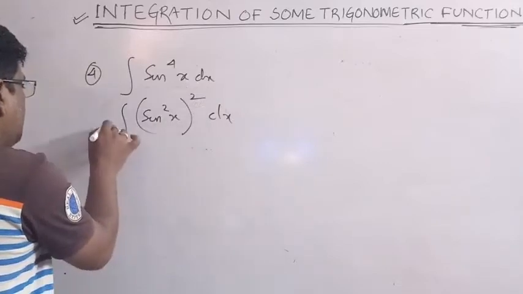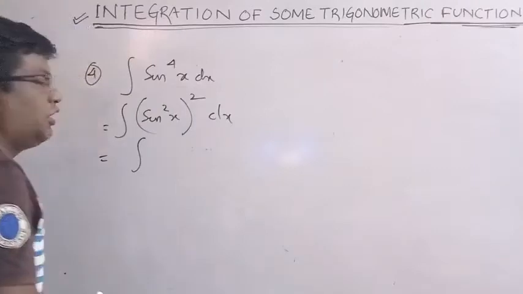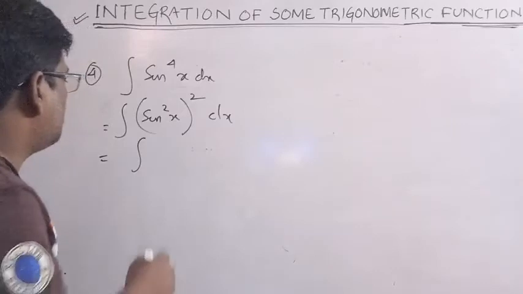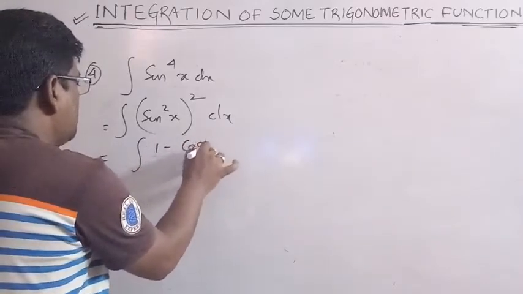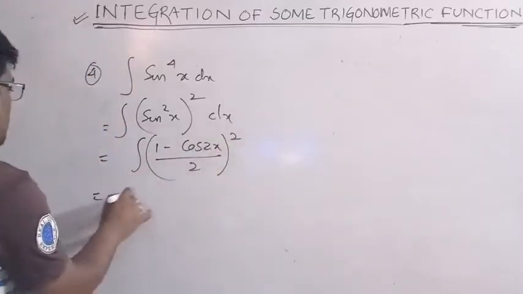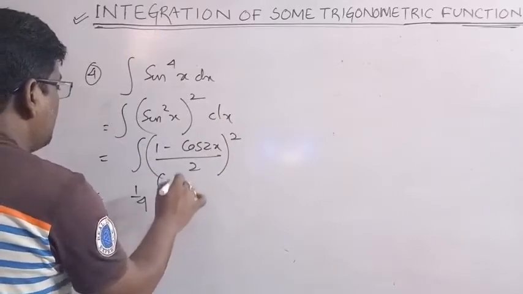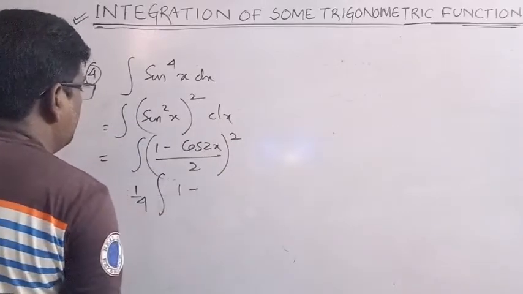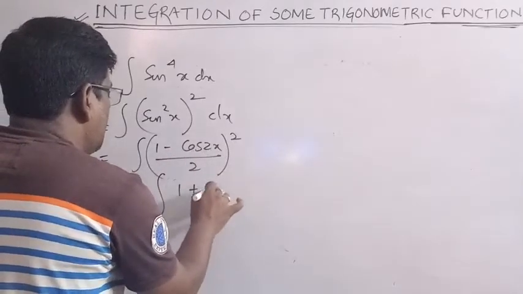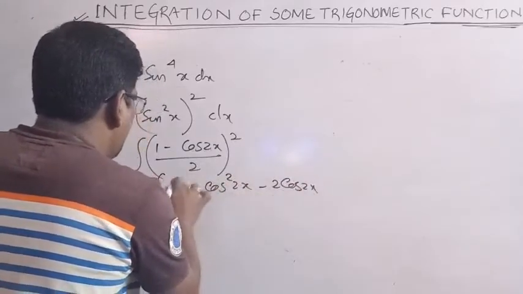Even power is present, so we have to reduce in terms of sin square x, which is 1 minus cos 2x by 2. 1 minus cos 2x by 2 whole square, this is equal to 1 by 4 integration of 1 minus, that is (a minus b) whole square, a square plus b square, that is cos square 2x minus 2 cos 2x, whole into dx.